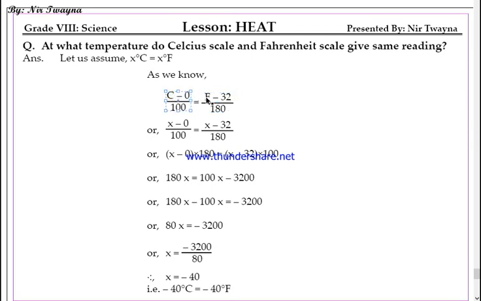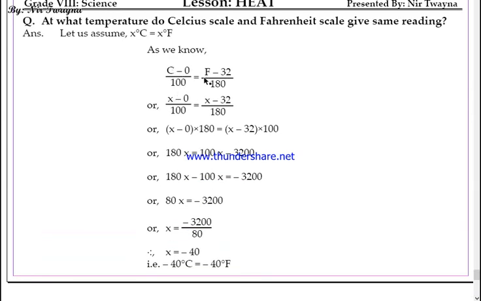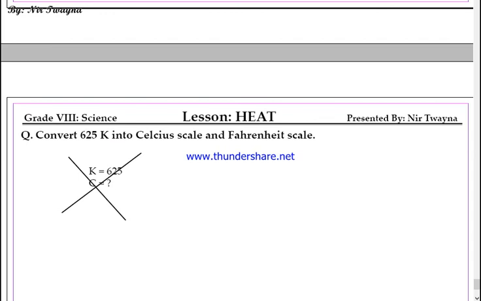These are already converted into length equivalents, that's why there should be no degrees here. So K equals 625, C equals what? That is absolutely not right.